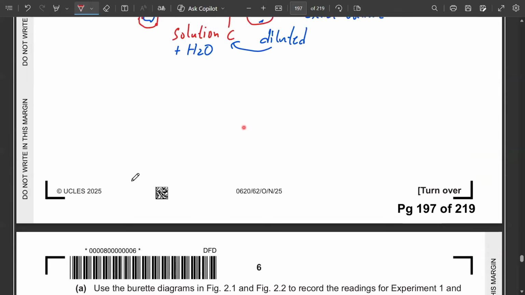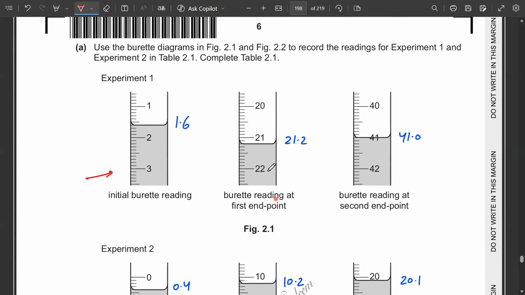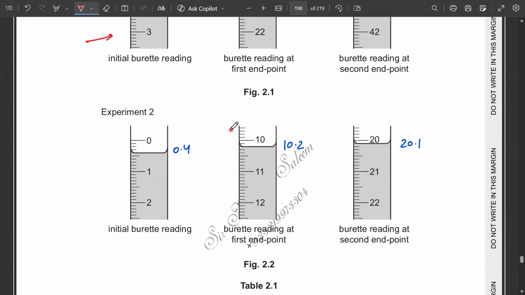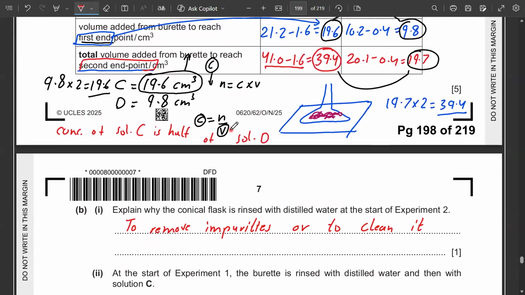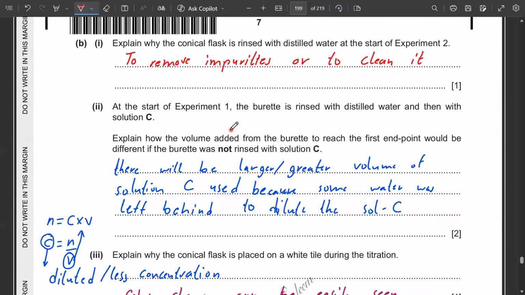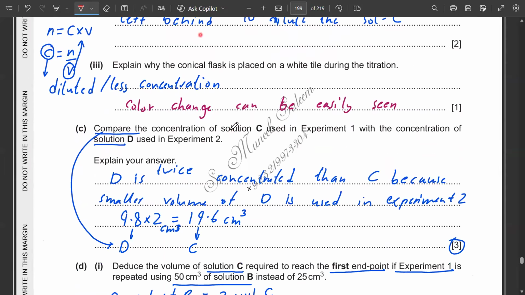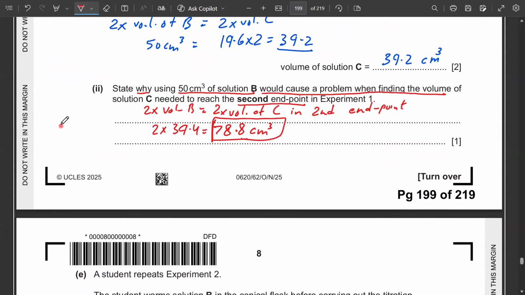These Burette readings were giving you the readings of solution C and solution D. If you recall the capacities, the Burette's capacity was 50 cm cube. We mostly use Burettes of 50 cm cube in the laboratories.